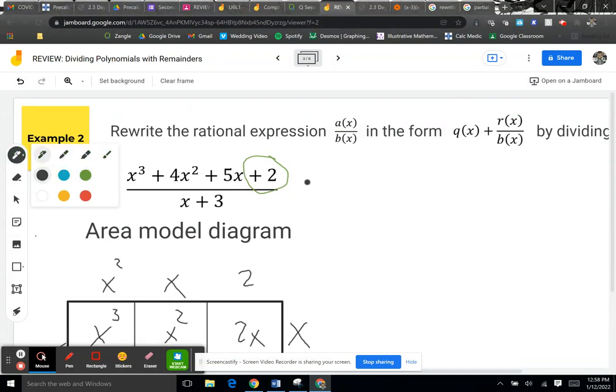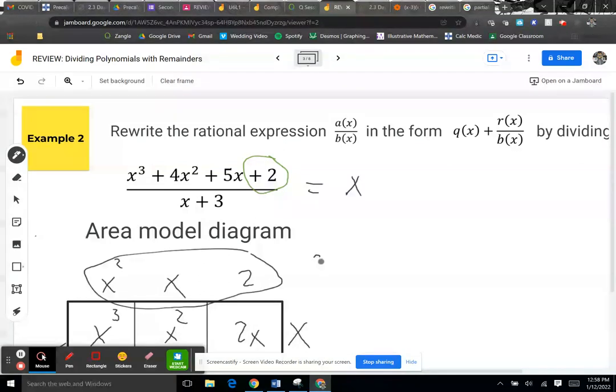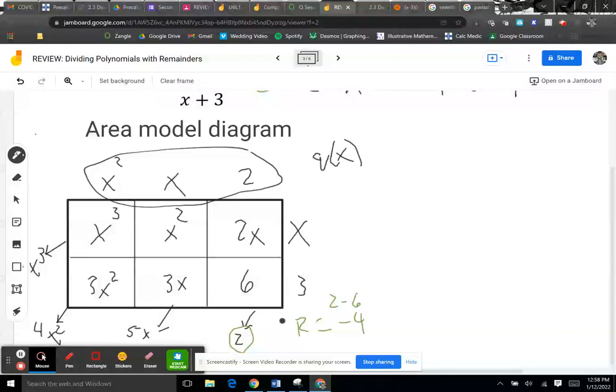We can now rewrite this as, well, our quotient that we got, x squared plus x plus 2. This whole thing right here is q of x. So x squared plus x plus 2 plus the remainder, which is negative 4.